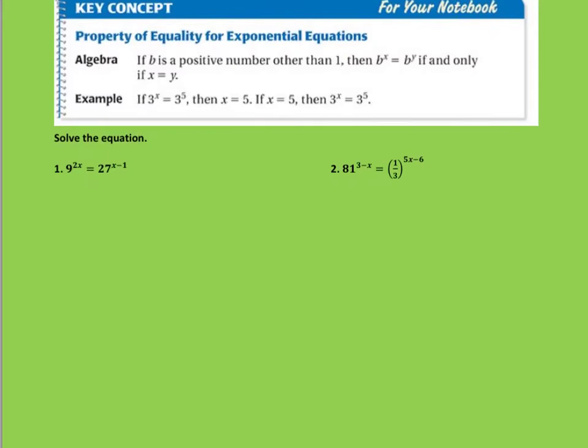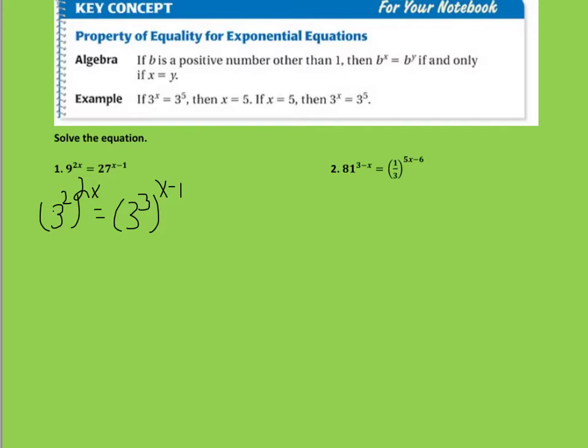So 9 to some power equals 27, but 3 squared is 9, so I can change that one to 3 squared, equals 3 to the third. And then remember, when you have a power to a power, you multiply.